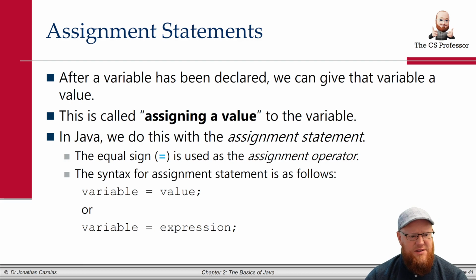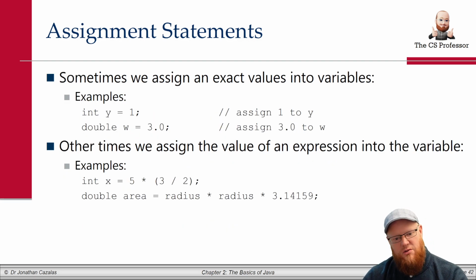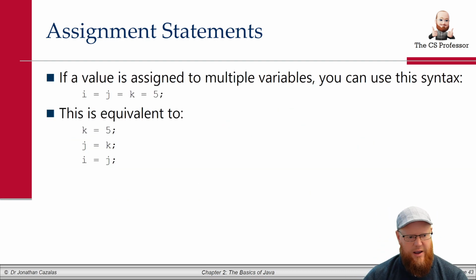Everyone should know assignment statements. After we create a variable, we can assign values into those variables. And so here are some examples where we're assigning 1 into y. We assign 3.0 into w. We can assign the result of an expression into x, or radius times pi. We can assign that result into area.